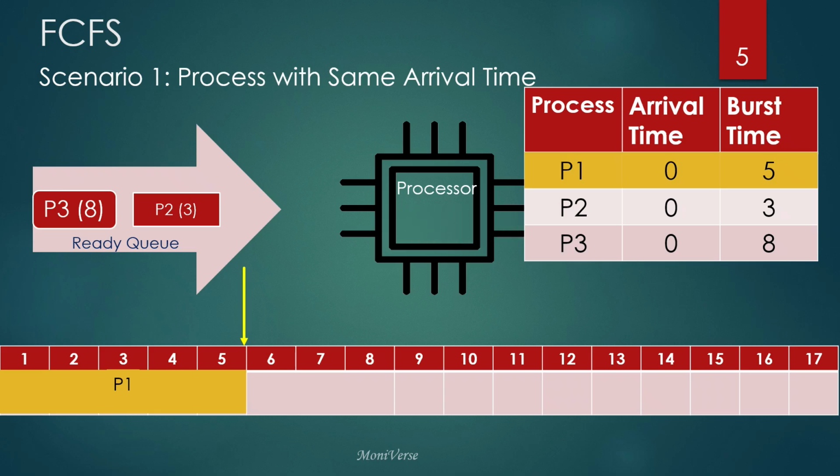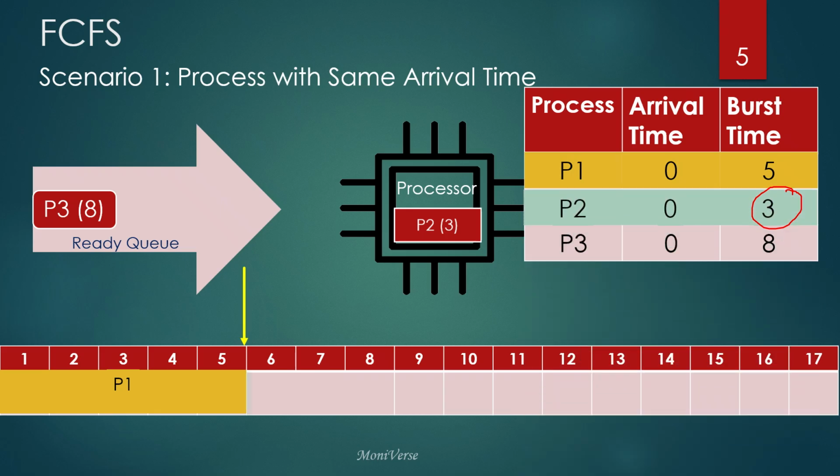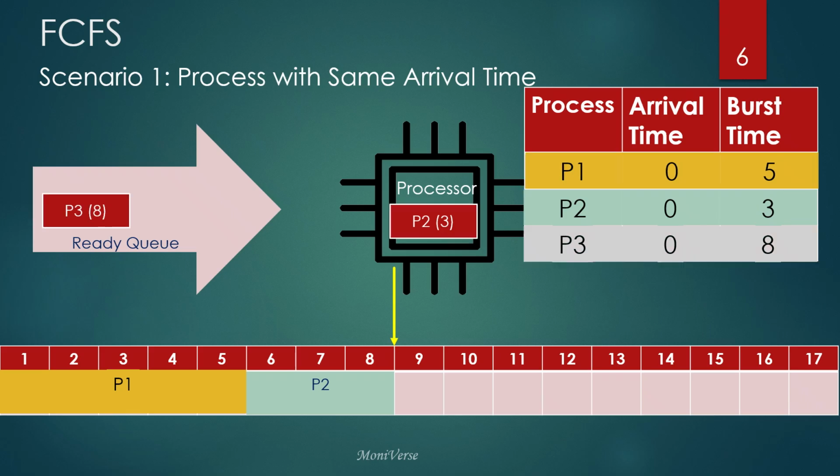Now in the ready queue, we have two more processes, P2 and P3. P2's time to enter has come. After entering, we can see P2 has a burst time of 3 units, so P2 will run in the processor for 3 units of time. Once it completes its burst time execution, it moves outside the processor.